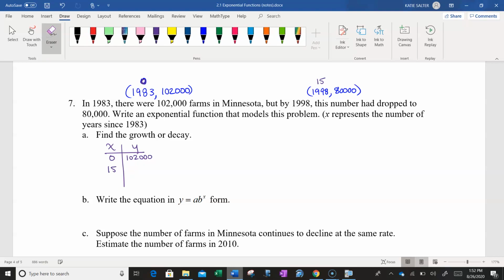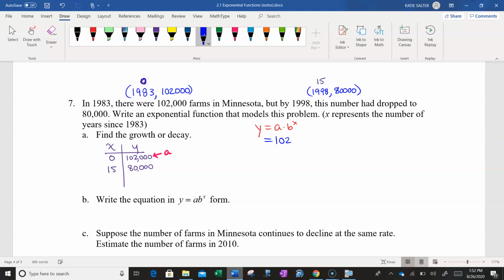Well, remember, in order to write an exponential function, we always need to know what the initial value is. Now that we've changed 1983 to be 0, that gives us that initial value. We know that this number right here represents our a. So using our formula, y equals a times b to the x, we're going to substitute that in for a.